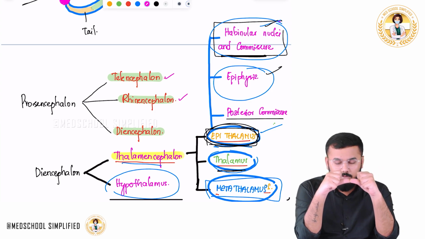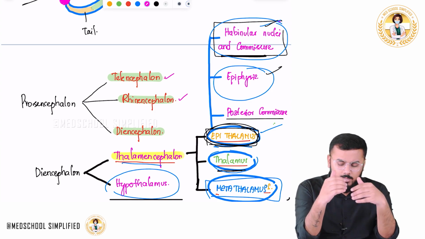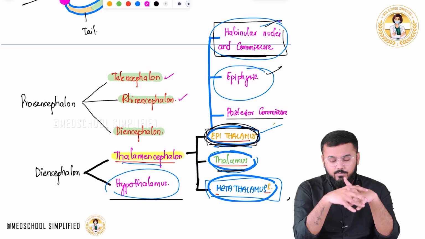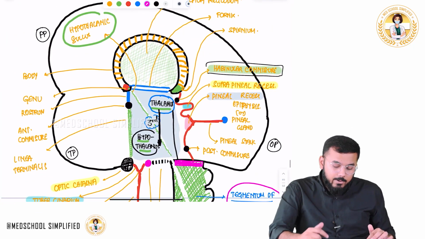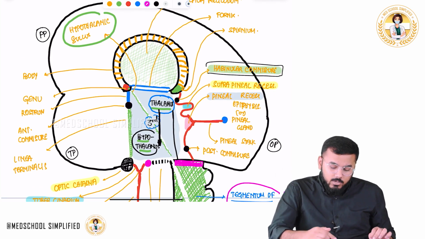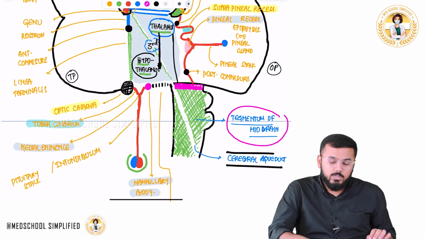Attached to these two nuclei, we have got a commissure. This commissure is called habenular commissure. Next, we have got epiphysis and after that we have got posterior commissure. So, I have shown you where are the habenular nuclei, where is the habenular commissure, where we have got the epiphysis, which is also called the pineal gland, and finally the posterior commissure down here.